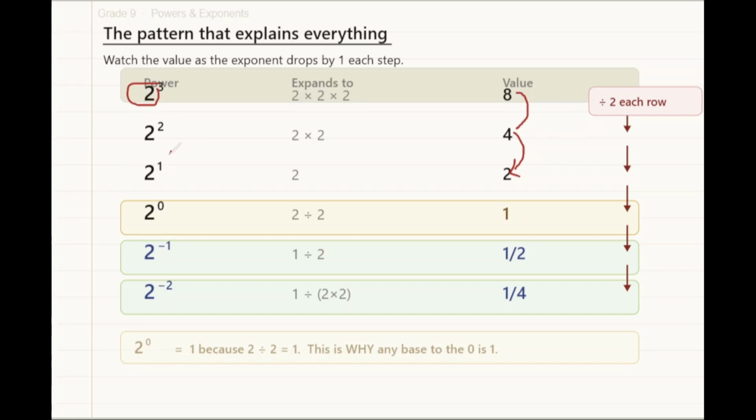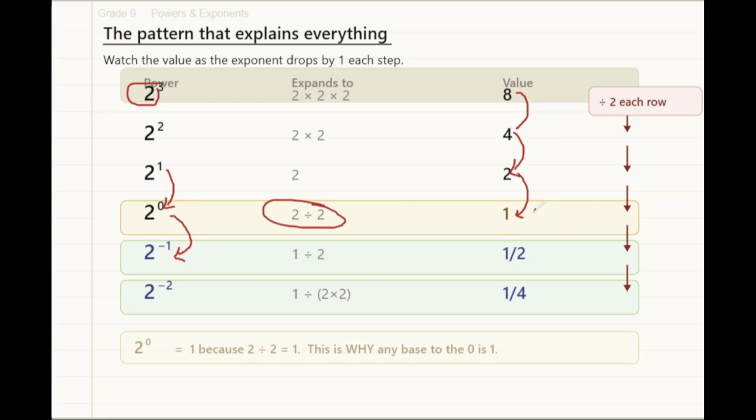So let's keep going with the same rule. Here, the exponent drops to 0 and the value drops to 1 because 2 divided by 2 is 1. Now, as we go down further, the exponent becomes negative because 0 minus 1 is minus 1.